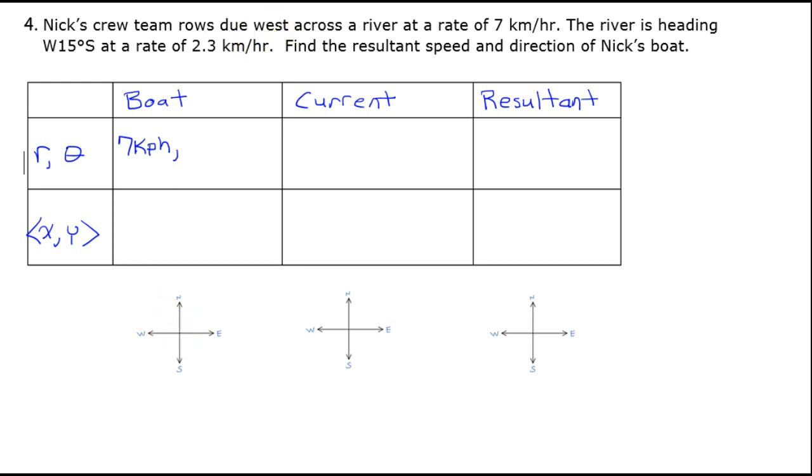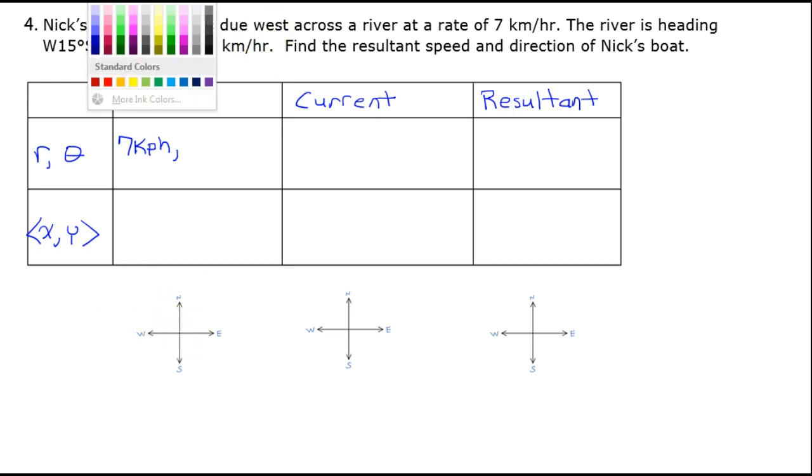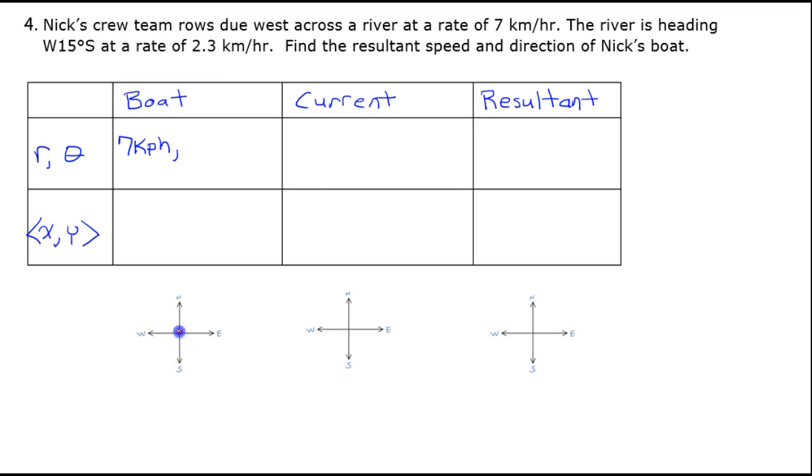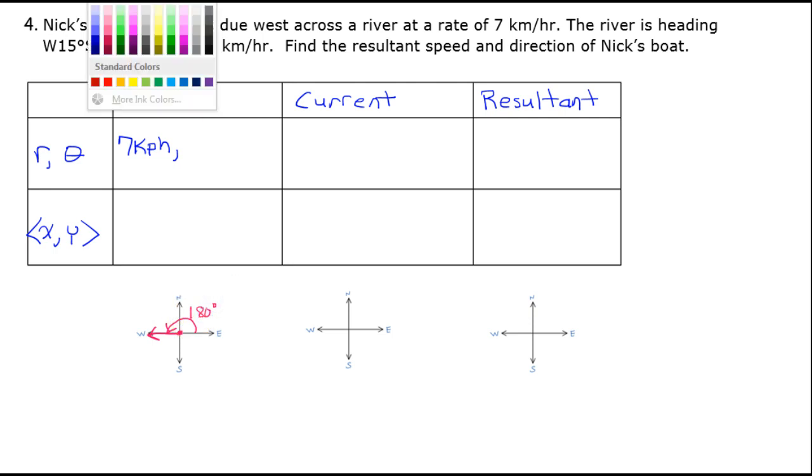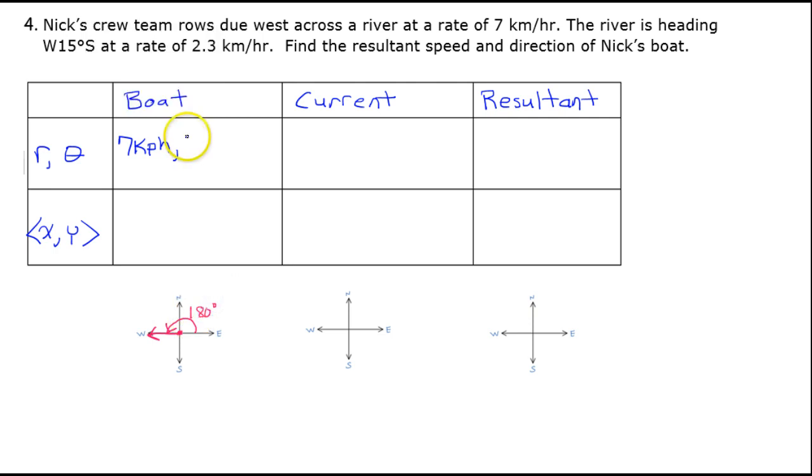So if we're talking about due west, that would be like this. That's due west. As far as an angle measured from the positive x-axis, that would be this, which is 180 degrees. So that's the angle I'm going to record on my chart, 180 degrees.